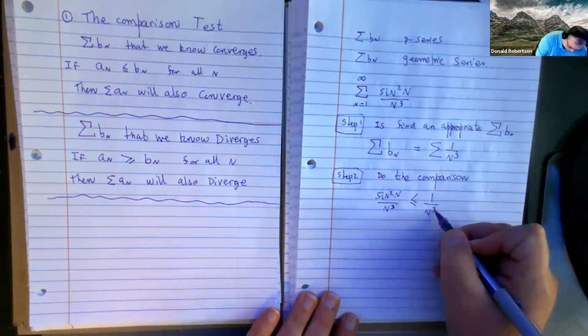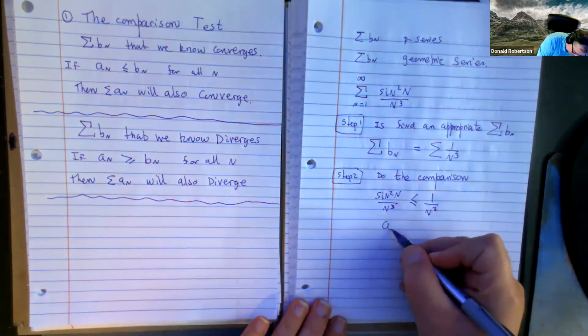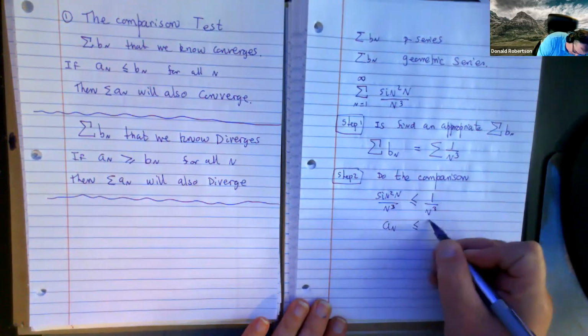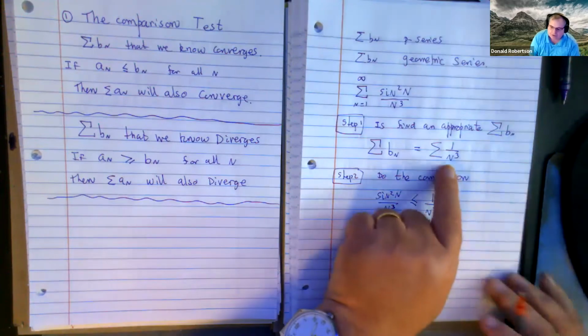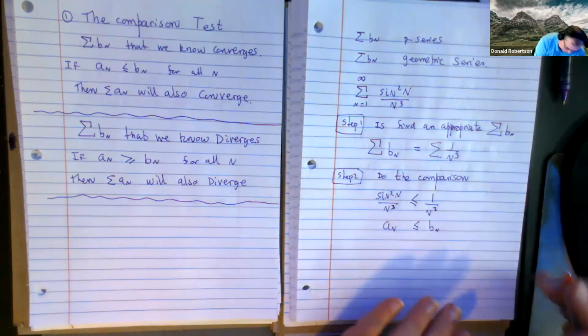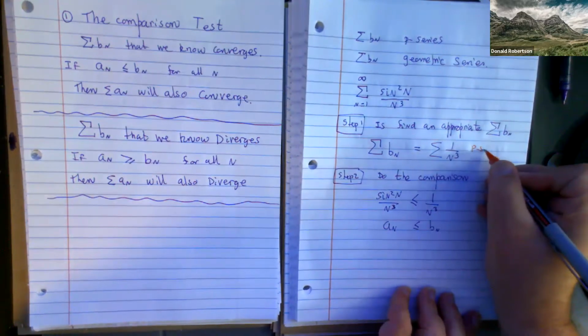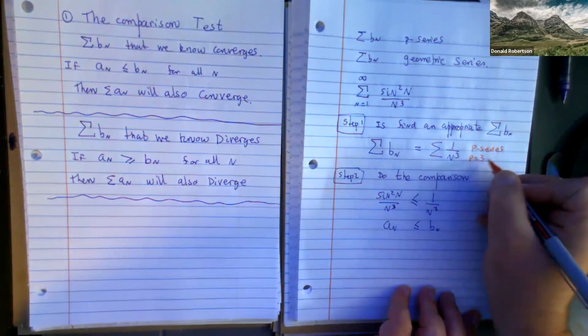So sine squared n over n cubed would be less than or equal to 1 over n cubed. Would you agree with that? So that's my an, and I'm proving it's less than the bn. And I almost forgot something. Do you see my comparison series? Do you recognize this guy as a p series? And that p is equal to 3.